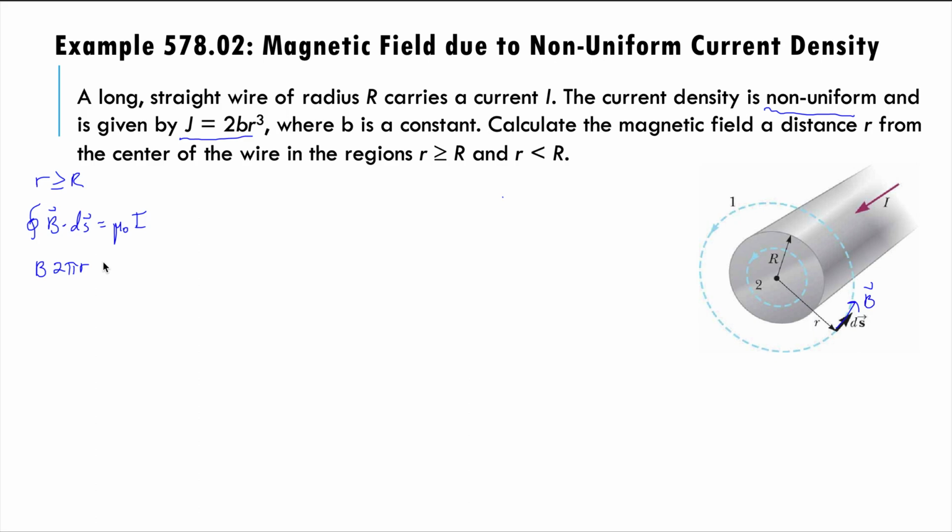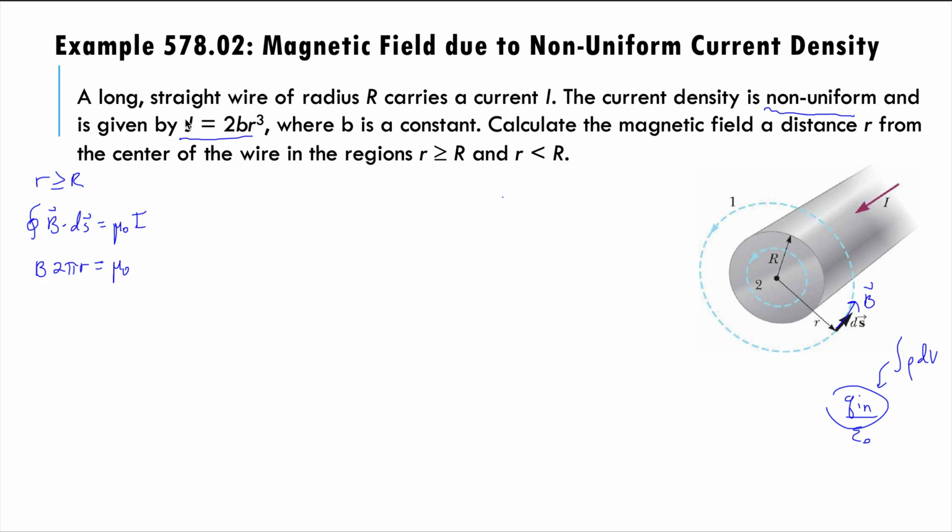And we still need to figure out mu naught I enclosed, right? I penetrating this surface. So remember when we used Gauss's law and we're trying to find Q in over epsilon naught, and when the charge was not uniformly distributed, do you remember what we did to find the charge enclosed? We did the integral of rho dV. I know it's been a while, but that's how we found the charge, the integral of rho dV.